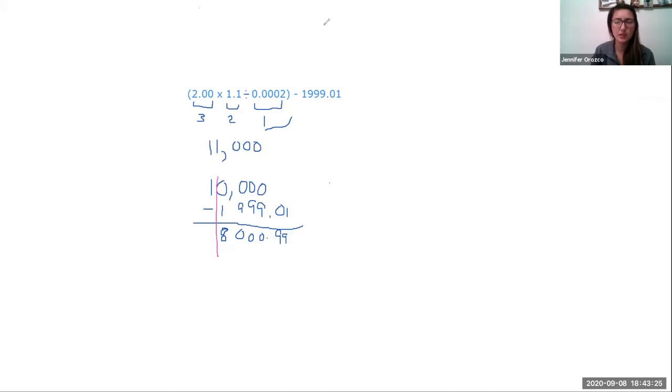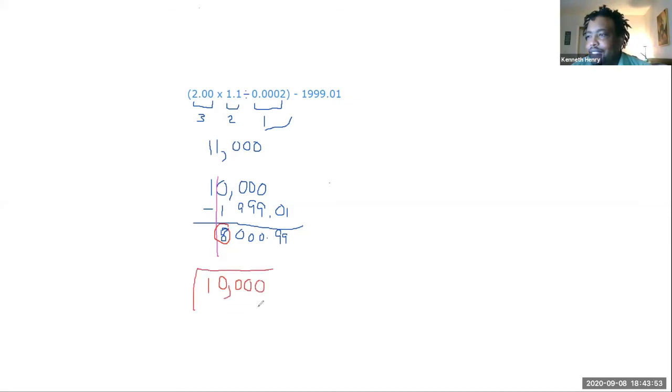Yep, correct. What's the term called? The 8 is going to be the number to determine whether we round up. Since the 8 is greater than 5, what are we going to do? Round up. So that means this gets a 1 here, so it'll be 1, 0, 0, 0, 0. And that's going to be our answer.